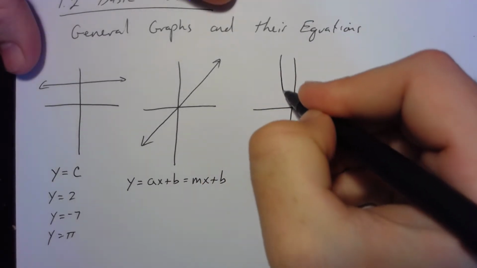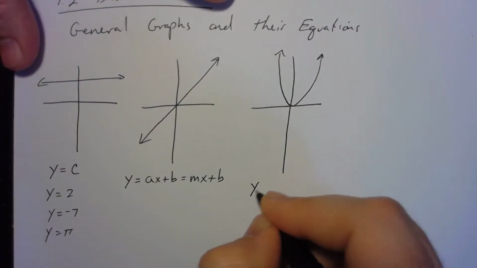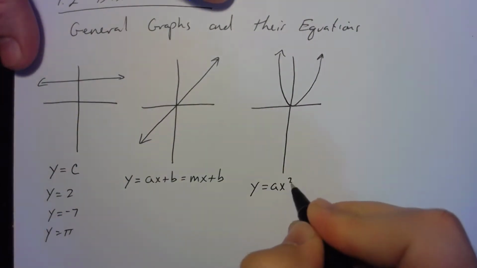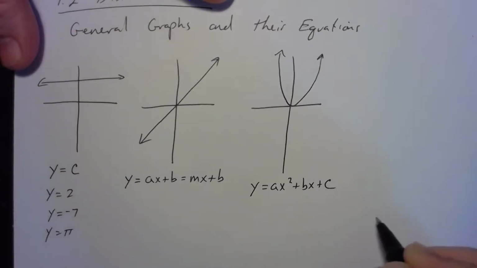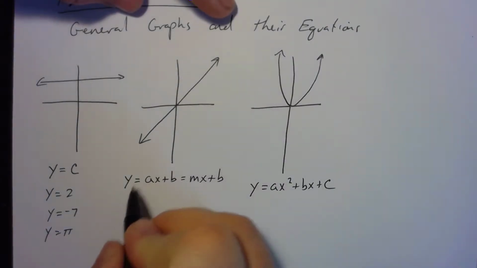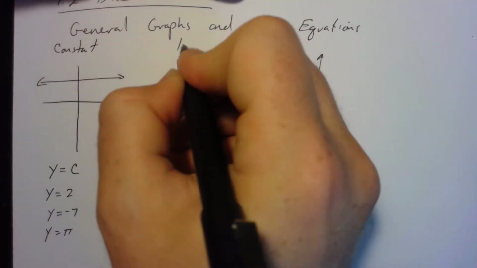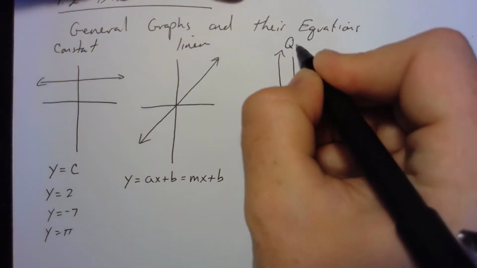In the next equation, we'd have a quadratic. And a quadratic, again, its standard form looks like this. It is going to be generally ax squared plus bx plus c. At this point, we start talking about a very special format. So back in here, this is constant, this is linear, this is quadratic.